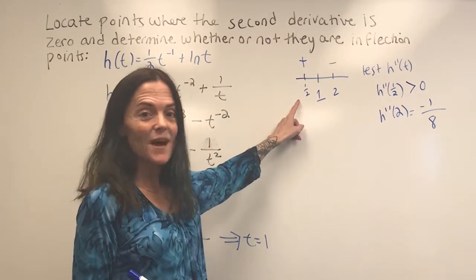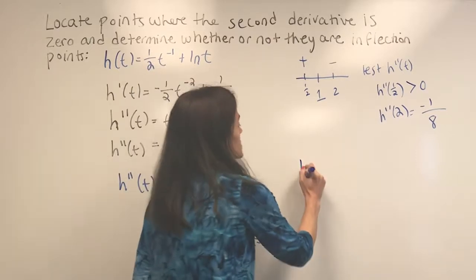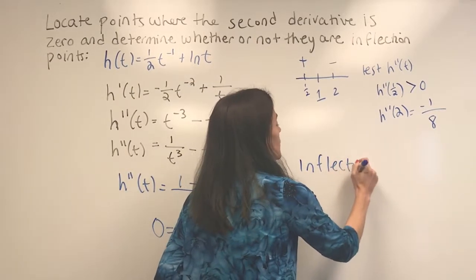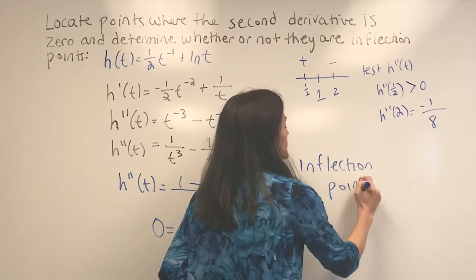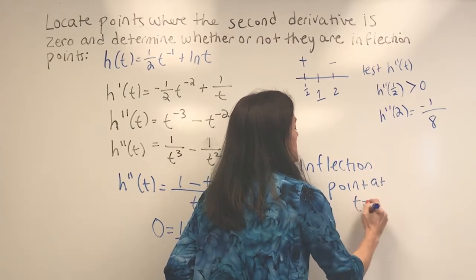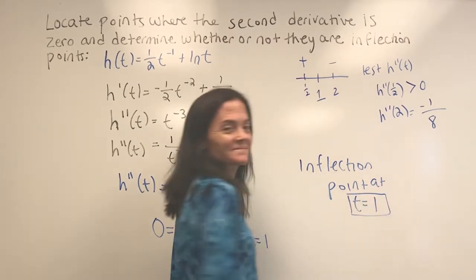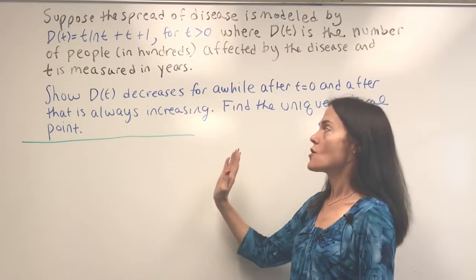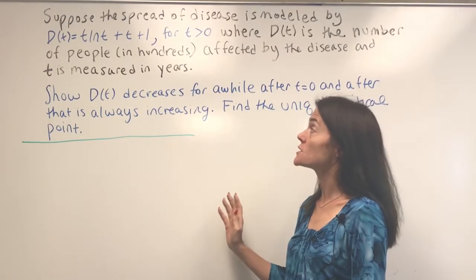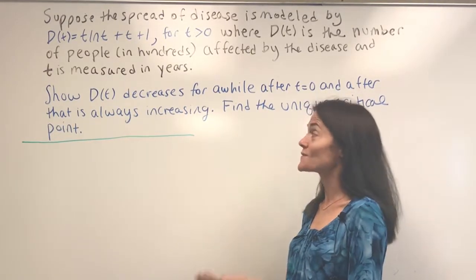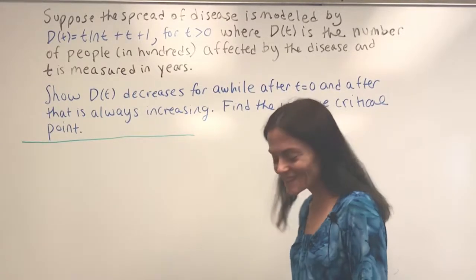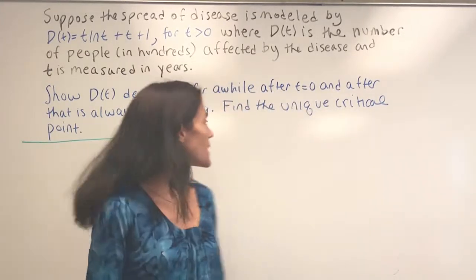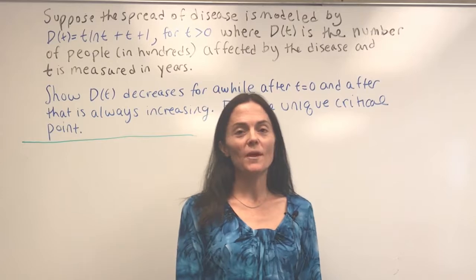It goes from concave up to concave down, and so we do have an inflection point at t equals 1. But we want to show that this function d of t decreases for a while after t equals 0, and then it's always increasing, and then find the unique critical point.